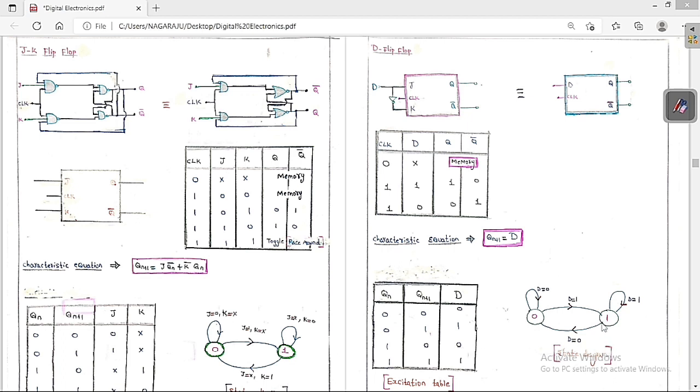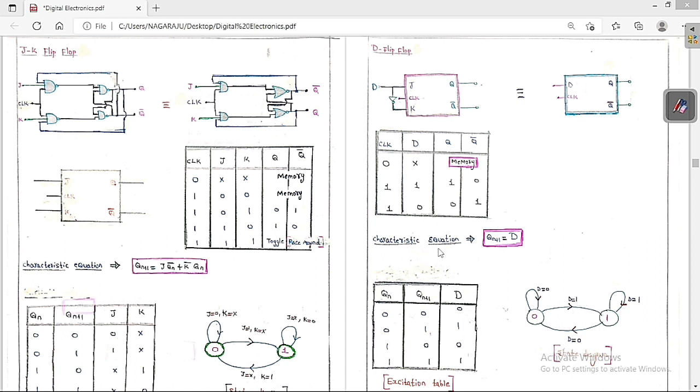To change the output from 1 to 1, I have to give input D is equal to 1. So this is the plot diagram that we get from this table. This table is called the excitation table and this is called the state diagram.